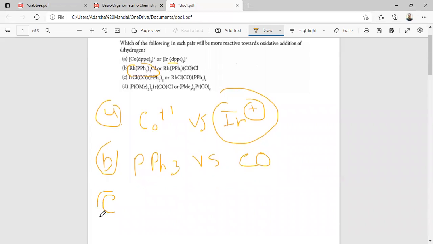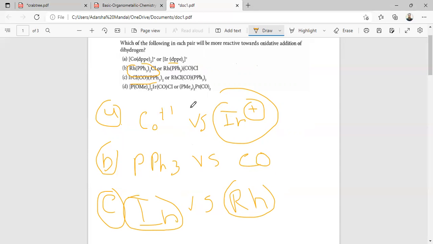And for C, here are the two metals, iridium versus rhodium. Iridium is less electronegative than rhodium. So for the iridium case, the oxidative addition will be more stable.